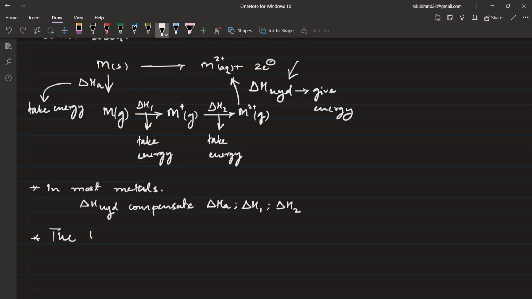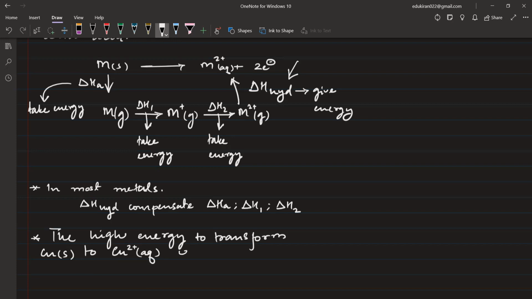The high energy to transform copper solid to copper 2 plus aqueous is not balanced by its hydration enthalpy.